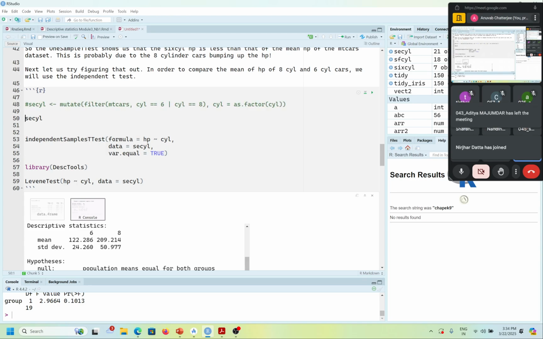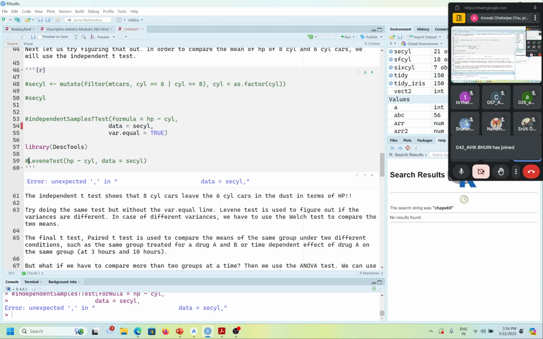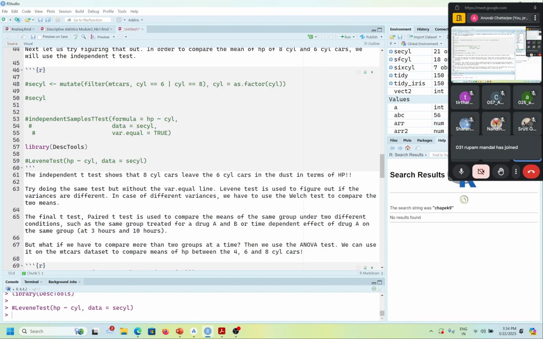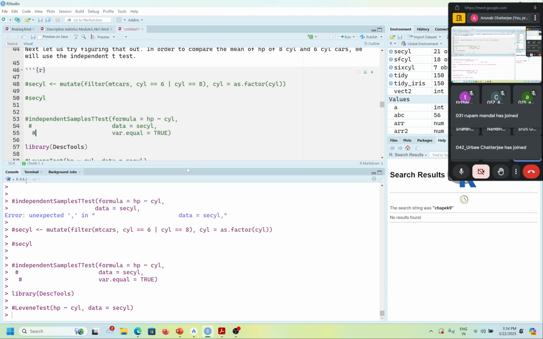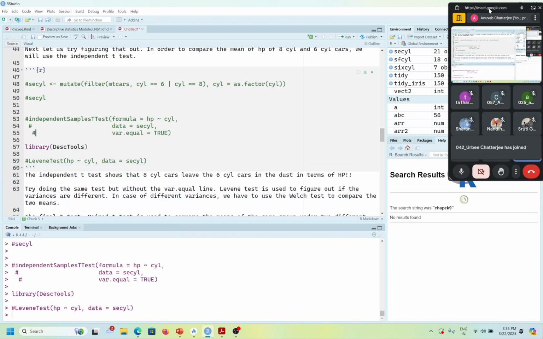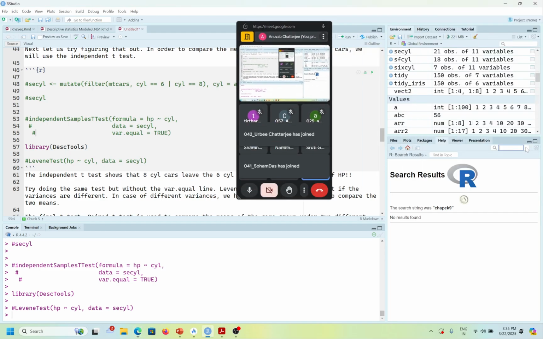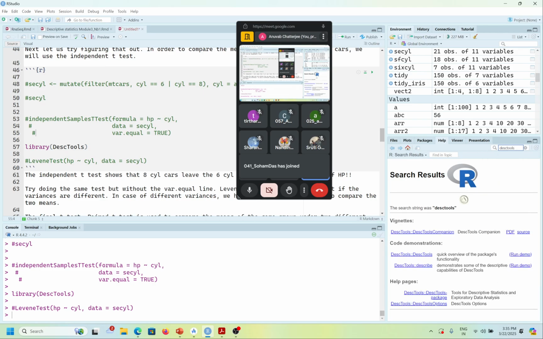Are you putting in the spelling correctly? Yes, spellings are correct. Okay, let me run. What happened? Is there some package installation that I have missed here? So the first thing you do when you figure something like that out, you ask the help part of it.